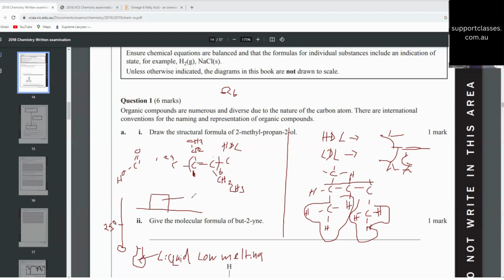So this is saturated fat. Anything liquid at room temperature has more unsaturation, right? So remember the canola oil and the olive oil. They are liquid at room temperature, so they have low melting points.